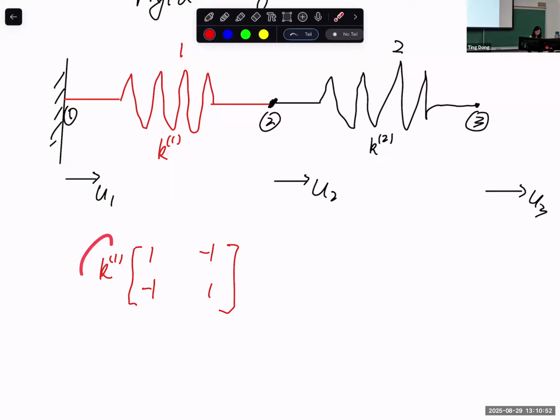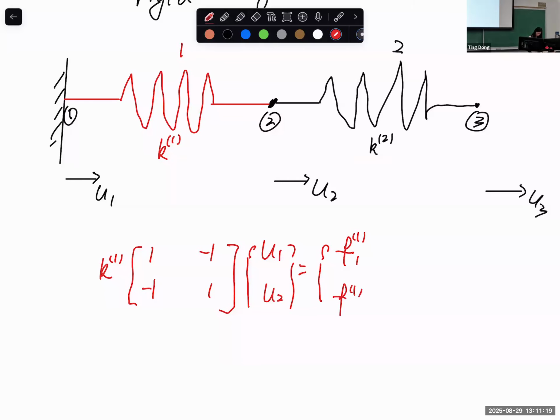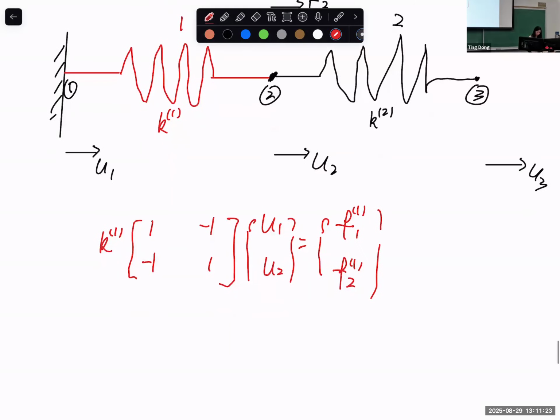Only for different elements, you may have different K values, but this 1, -1, -1, 1 is maintained the same for all spring elements. You don't need to derive it on your own homework or exam. You can use it directly. So [U1, U2] equals [F1 element 1, F2 element 1], node 1, element 1, node 2. So this is for element 1.